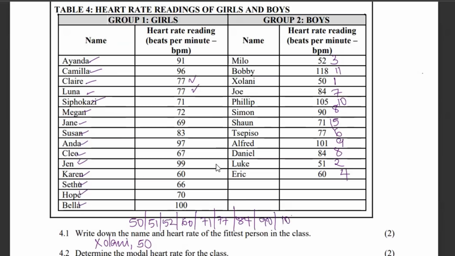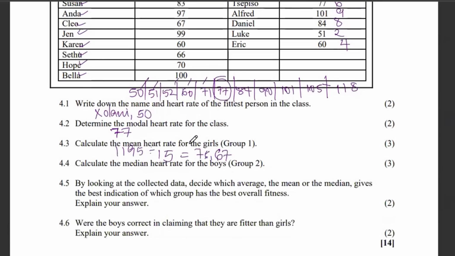Number 9, 101. Number 10, 105. Lastly, we have 118. Remember, the number in the middle is the sixth number. So we say 1, 2, 3, 4, 5, 6, with 5 numbers on both sides. So the median is 77.